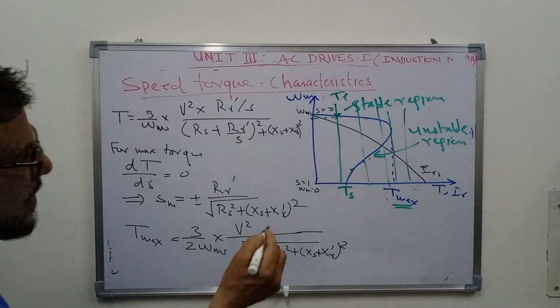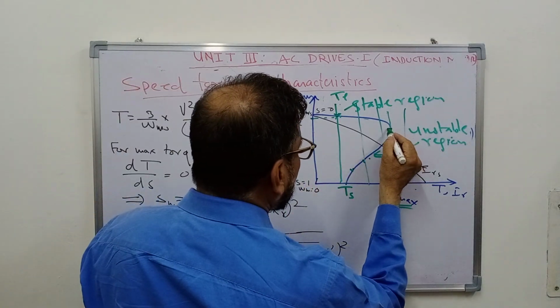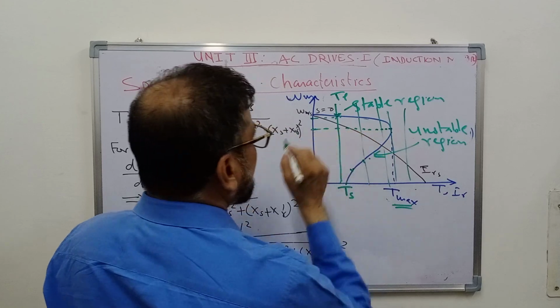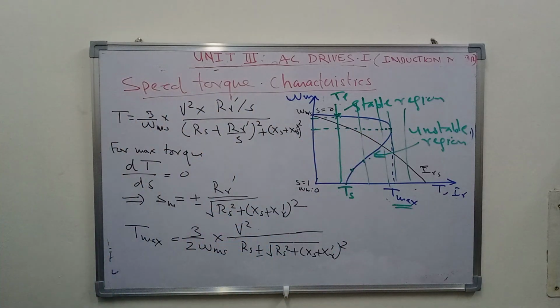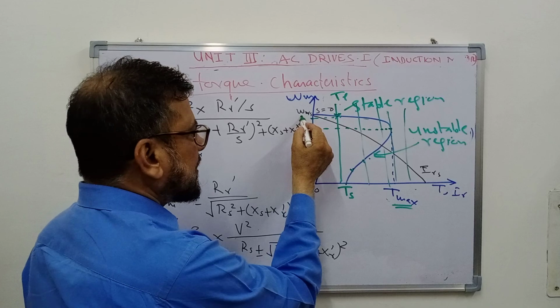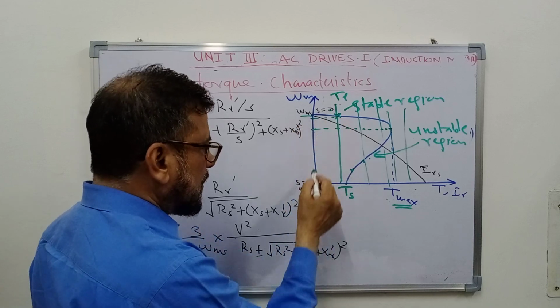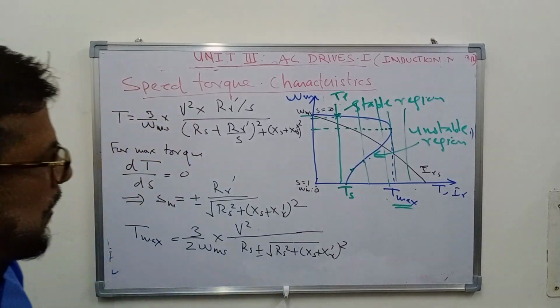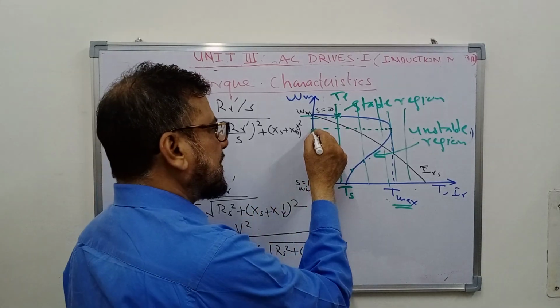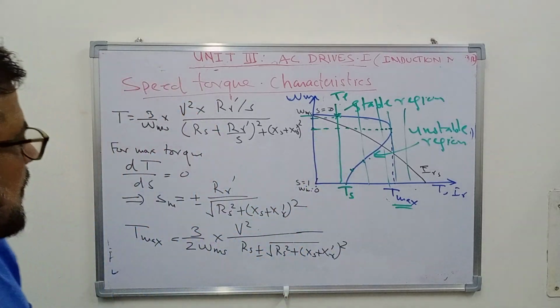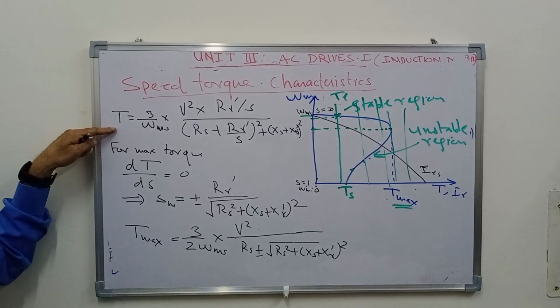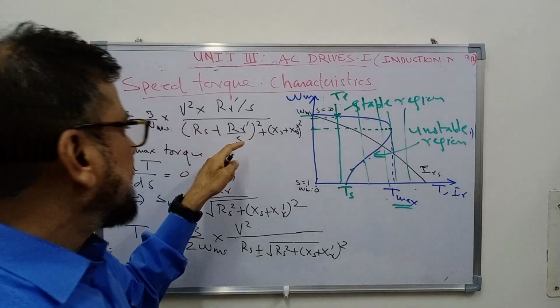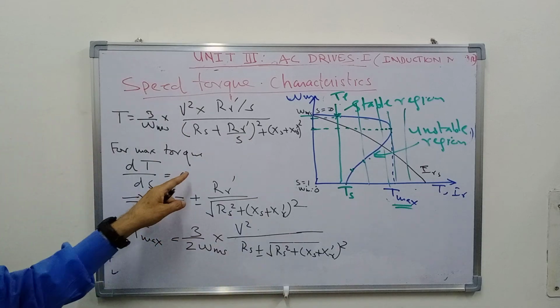What is the corresponding speed or slip at which the torque is maximum? Here the speed is synchronous speed and slip is equal to 0, and here speed is 0 and slip is equal to 1. To find the slip at which the torque is maximum, you can simply differentiate this equation with respect to slip S and put it equal to 0.